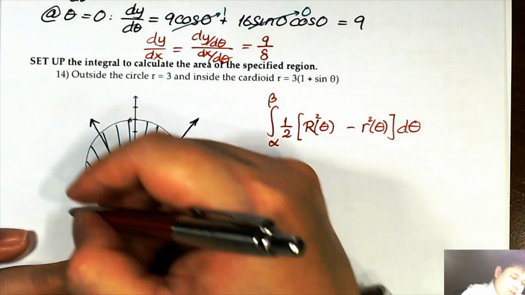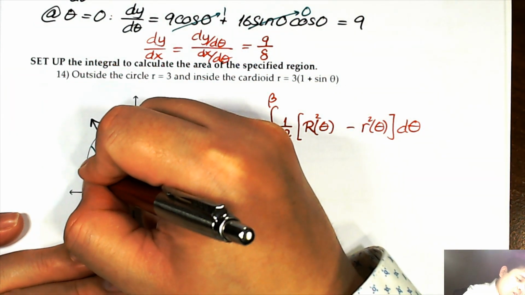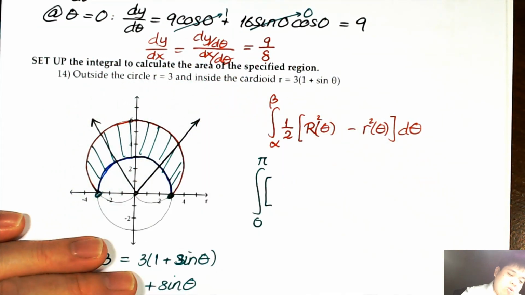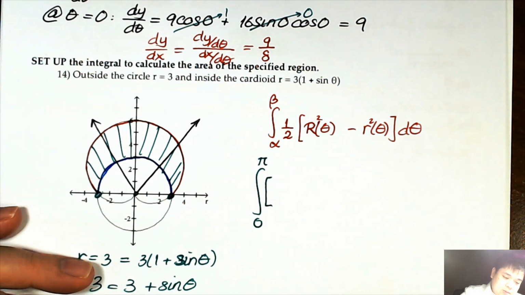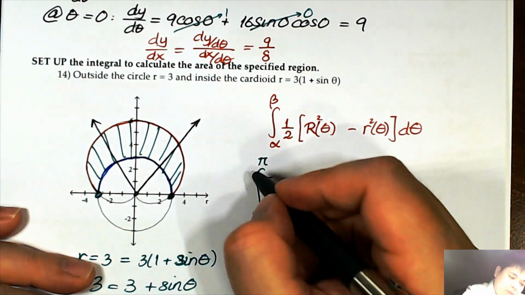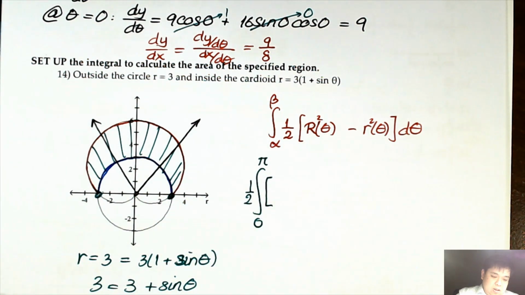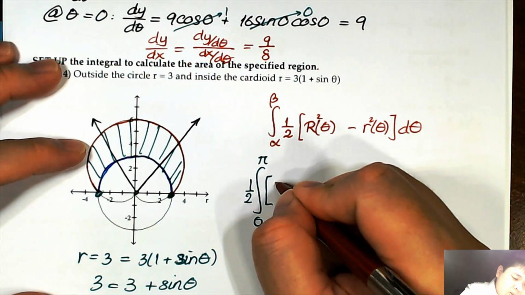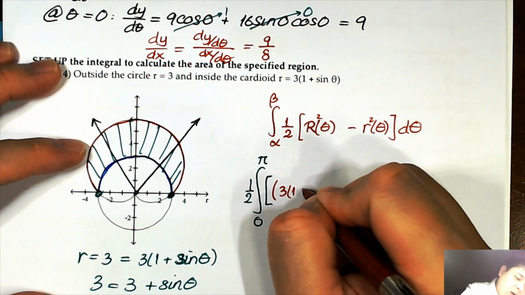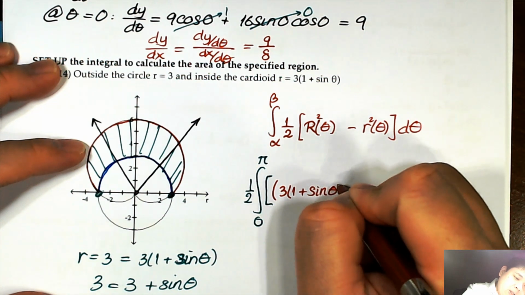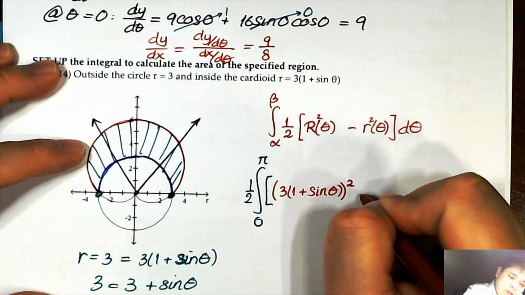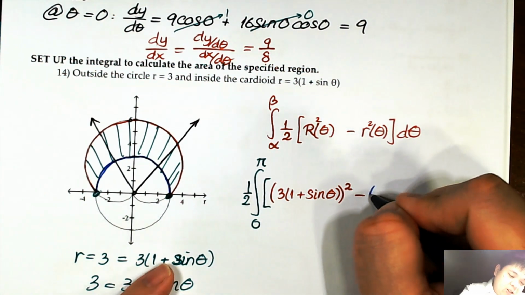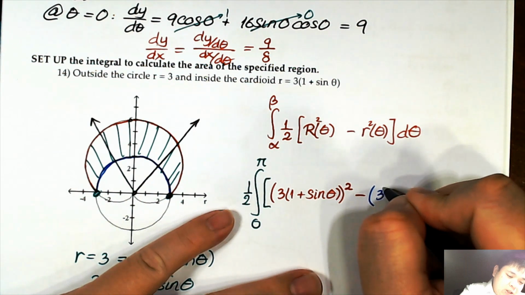After that, on the outside, we constantly see the part of the cardioid, so the cardioid is going to be the big radius: 3 times 1 plus sine theta. The big function square minus the little function square. The little function is just 3 square.